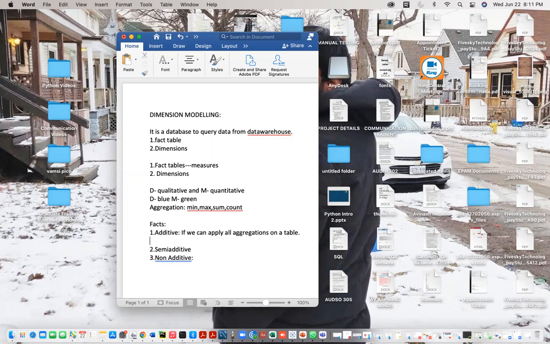If we take sales or profits, we can calculate minimum sales, maximum sales, etc. This means we are applying all kinds of aggregation, so it's an additive fact.